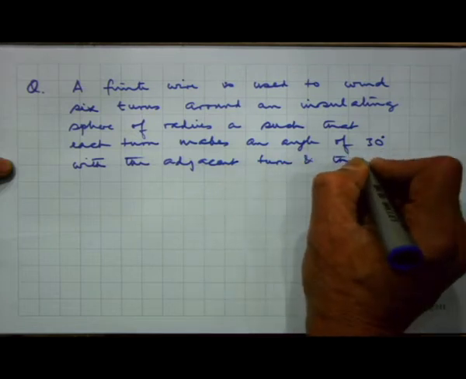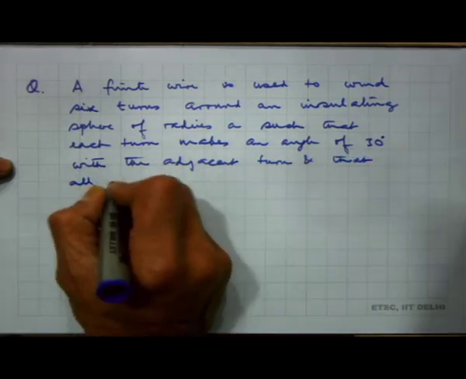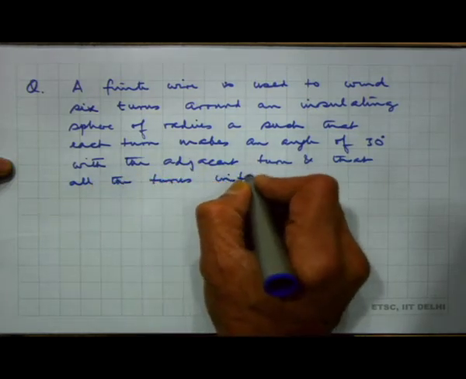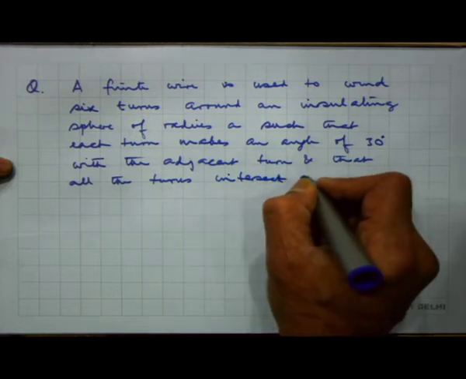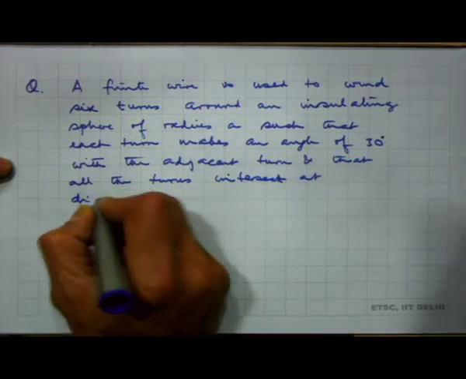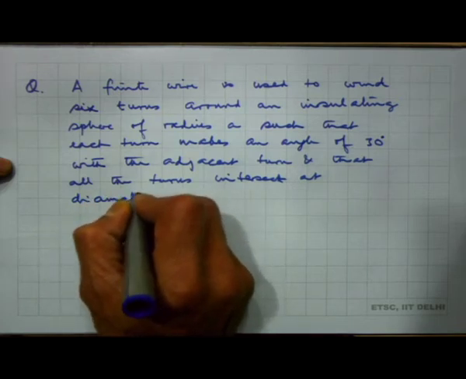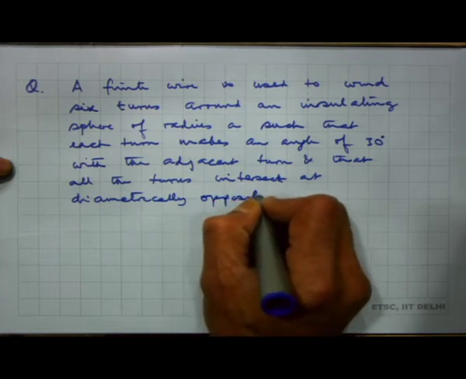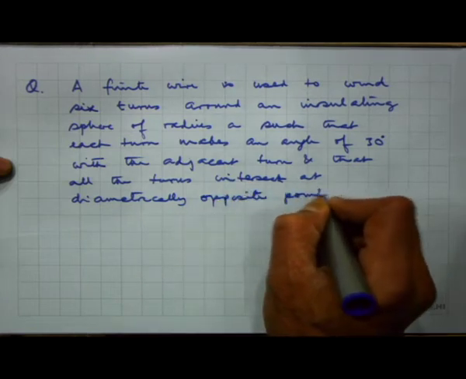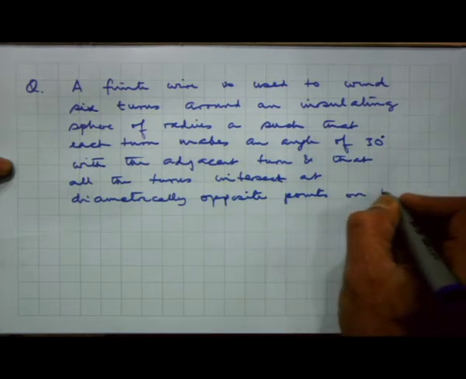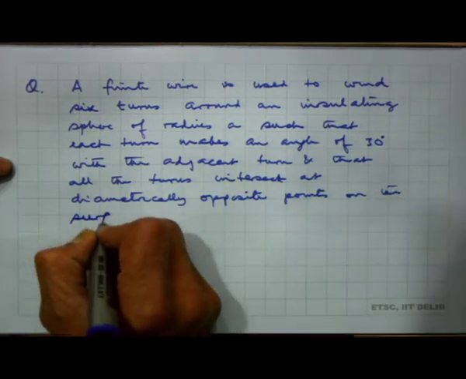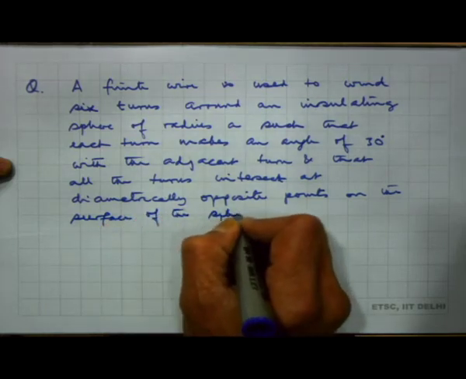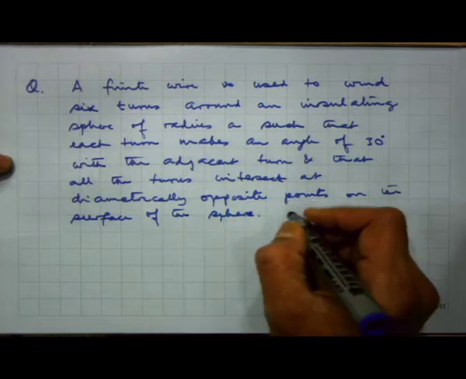and that all the turns intersect at diametrically opposite points on the surface of the sphere. I will draw a figure to explain this a little more carefully.